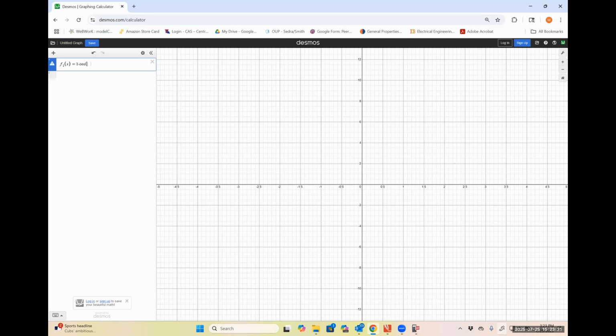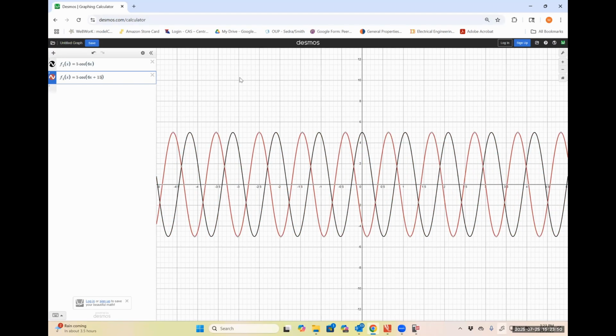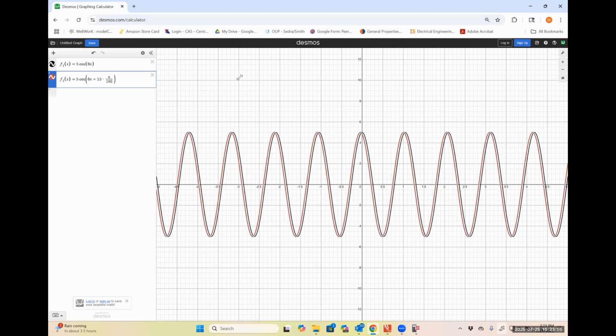I'm going to do an angular frequency of 6 radians per second, and I'm just going to leave that alone, right? So this is our signal with no phase angle whatsoever. Now, I'm going to add a phase angle of 15 degrees. So 15 times pi over 180.